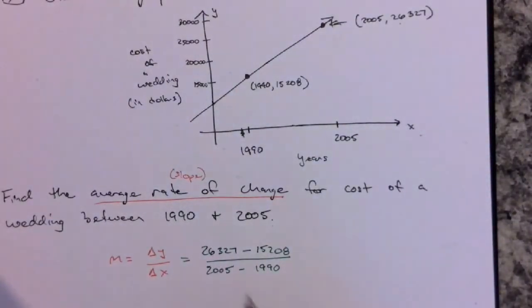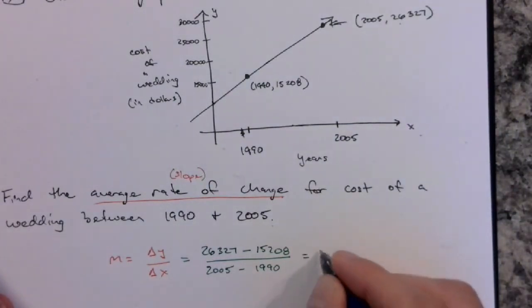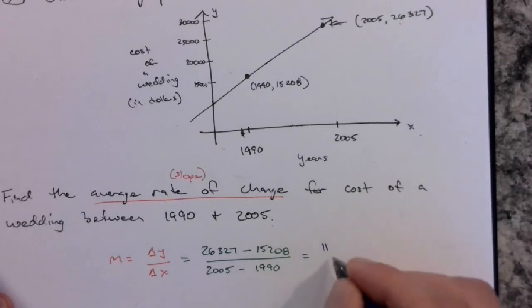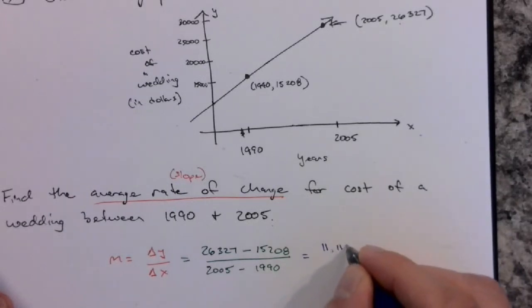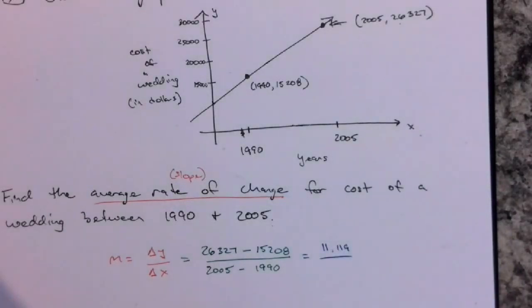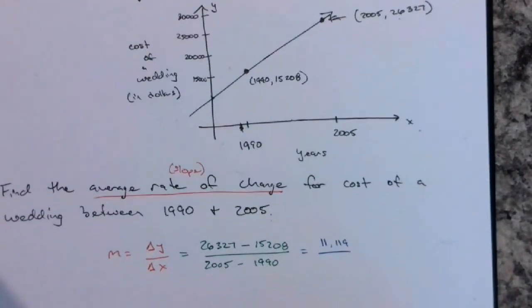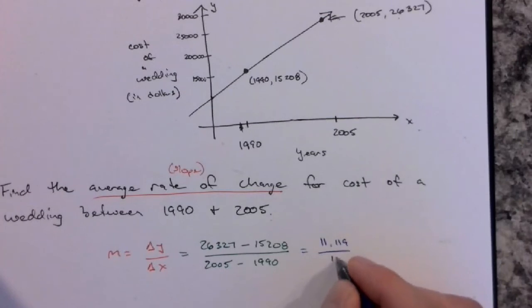So 26,327 minus 15,208, that comes to 11,119 over 2005 minus 1990. Well, that's just 15. So we want to divide this out because it's going to give us information.